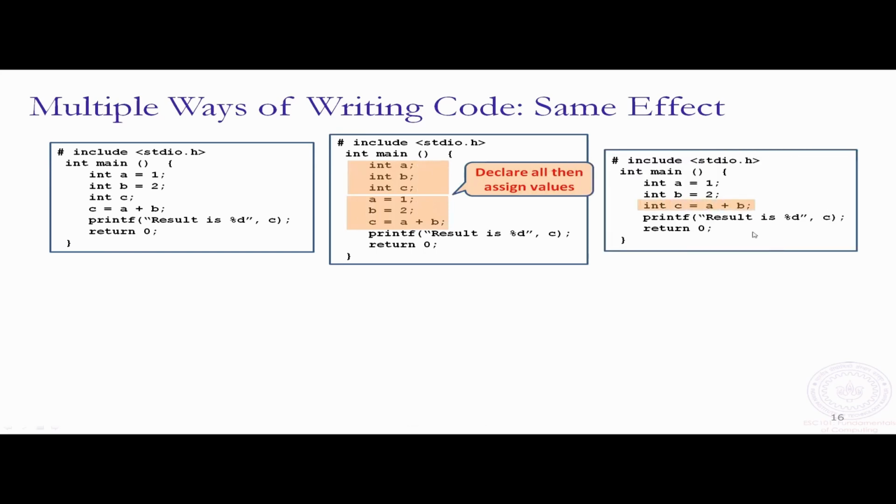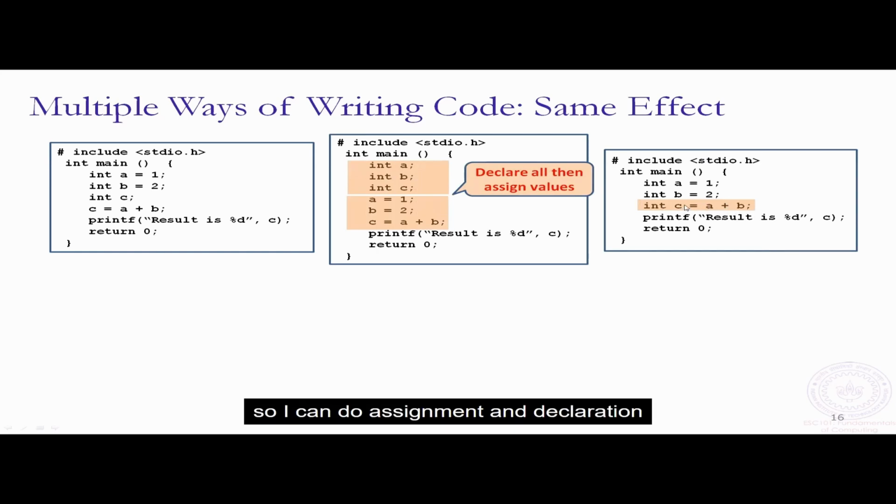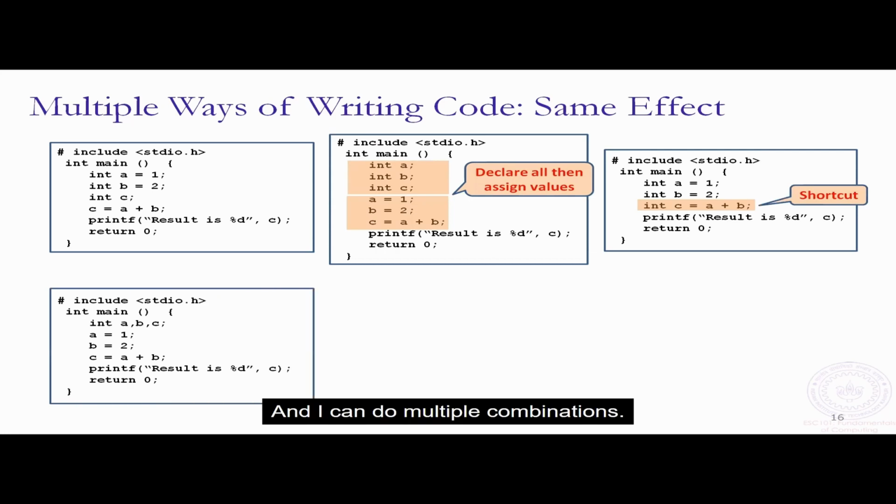I'll just define int c as the assignment of a plus b. So I can do assignment and declaration separately like here, or I can do assignment and declaration together as here, and I can do multiple combinations.